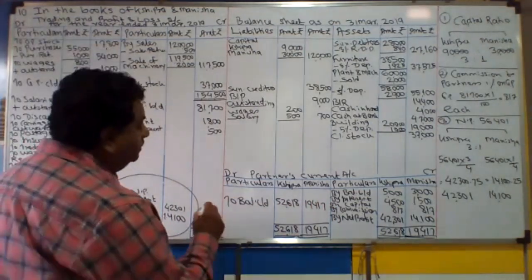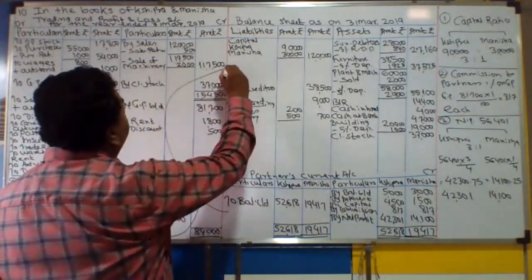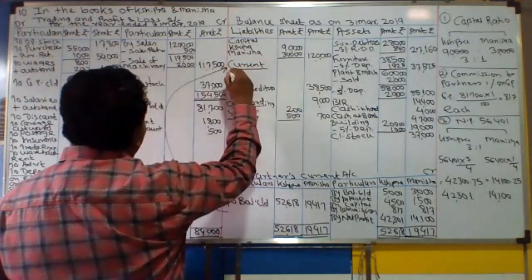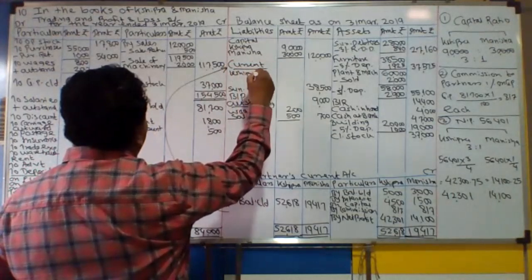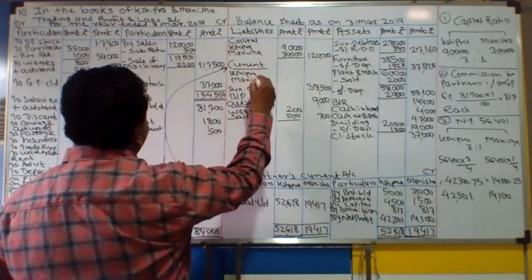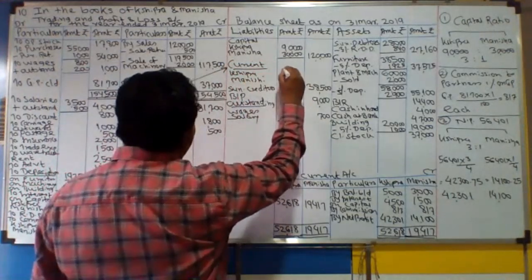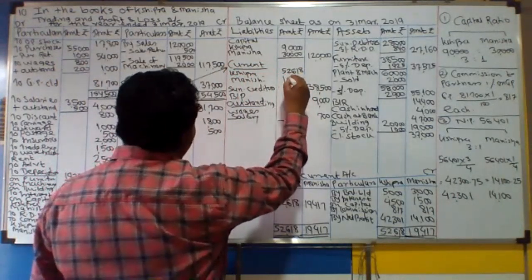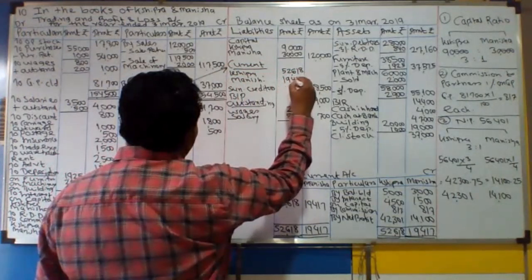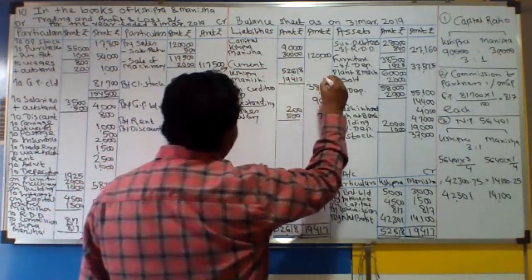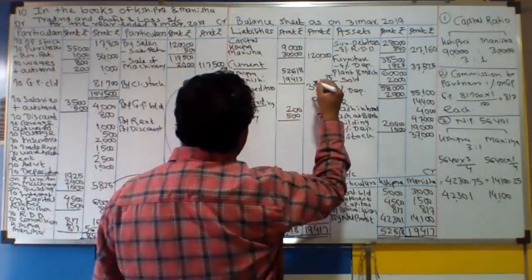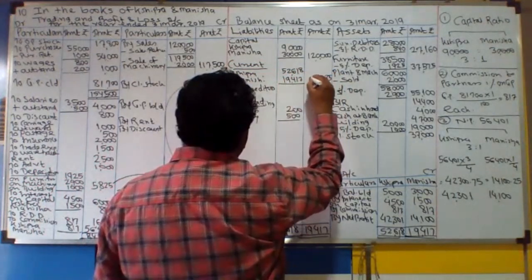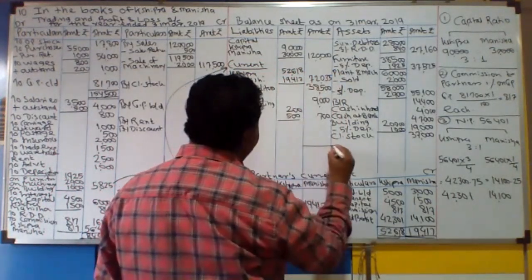And now these current account balances are to be taken to the liability side. I have shown with an arrow here. For Kshipra and Manisha. 52,618 for Kshipra and 19,417 for Manisha. And take the total in the outer column now. ₹72,035.